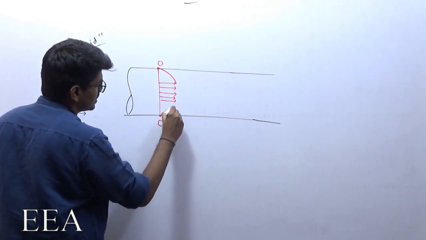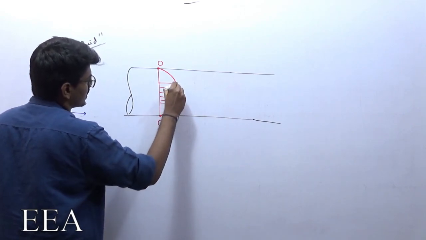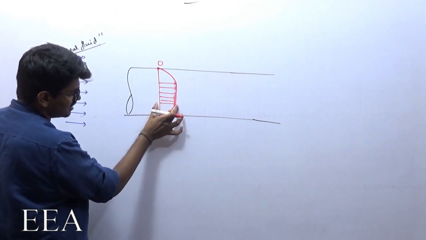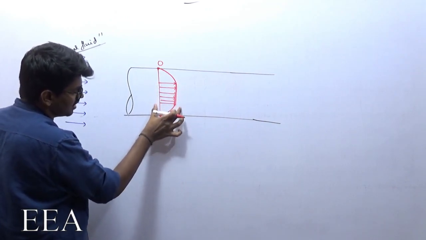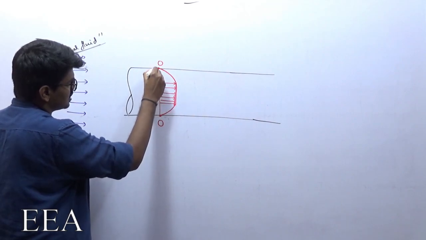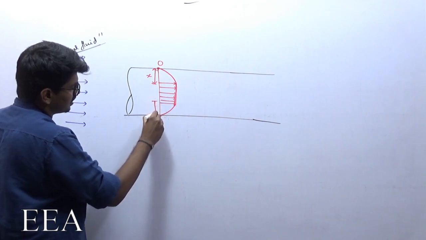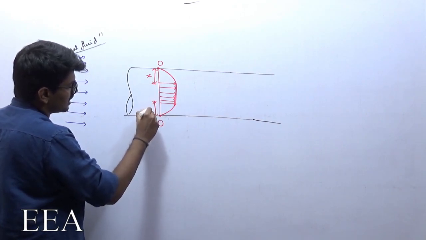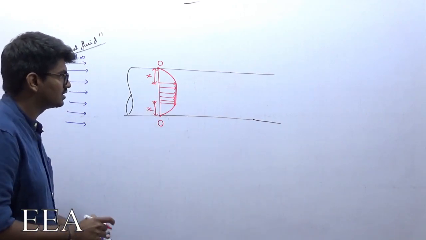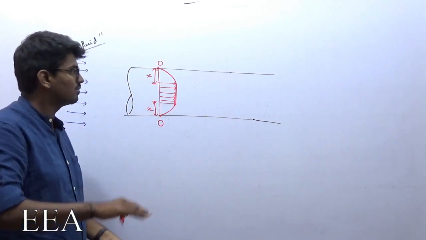Just consider that it is a constant velocity everywhere. There was a velocity profile until this distance. Let me take this distance as x. Top is also x and bottom is also x. In fact, it is not just top and bottom, but everywhere from the surface there will be development of a velocity profile.